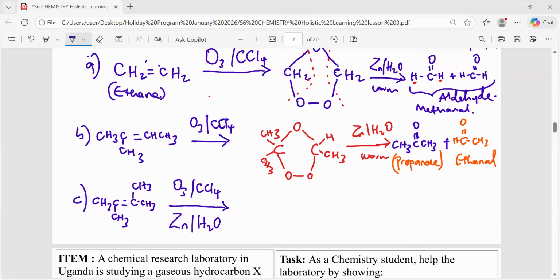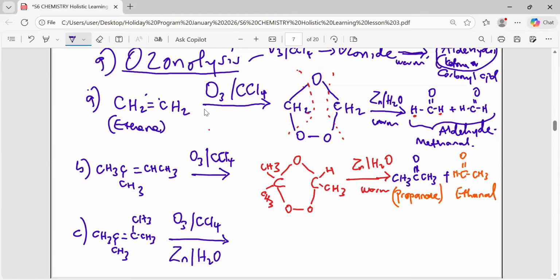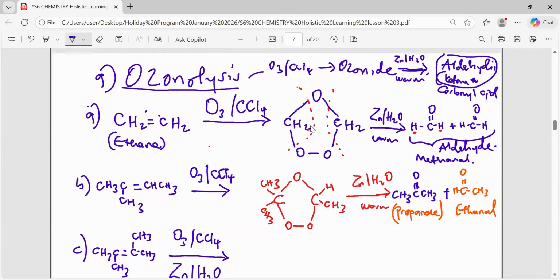By the end of this, you should understand. Look at this. Are you seeing this? Have you understood how these ozonide groups are coming about? Yes, sir. Now, after the ozonide groups, are you seeing how we are getting our final product?